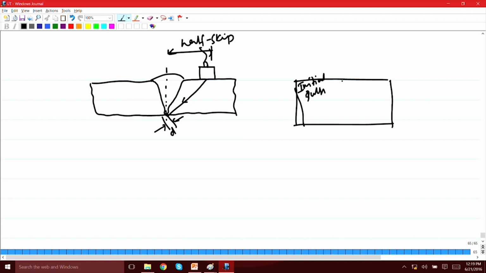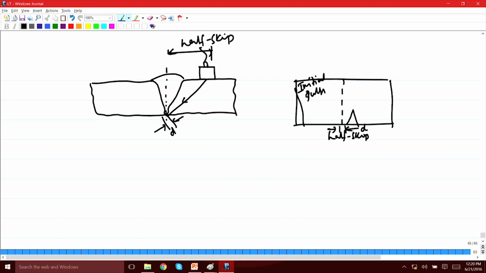That distance is known for a given angle and a thickness, and in this case, since it is going all the way to the half skip, you will see the echo from the root at the half skip. In this fashion. Okay. So that means this particular distance is the root diameter d.